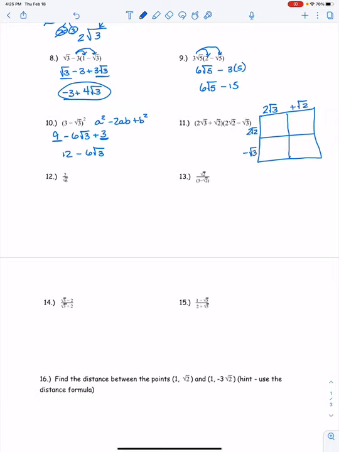Okay, so now we're going to do a little bit of multiplication. 2 the square root of 2 times 2 the square root of 3 gives me 4 the square root of 6. 2 the square root of 2 times the square root of 2 gives me 4.